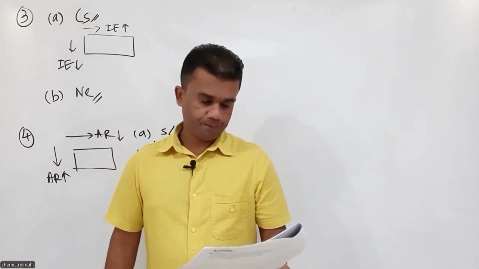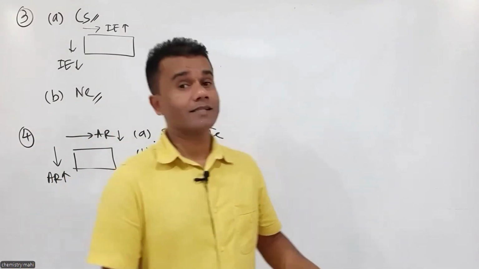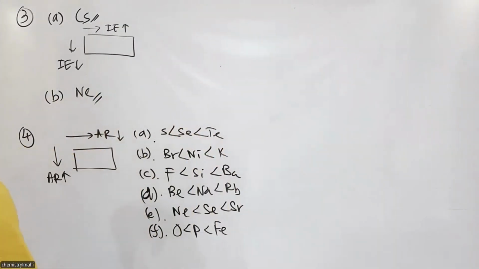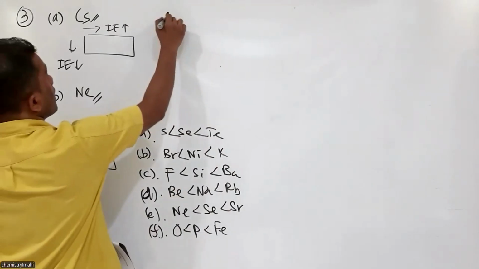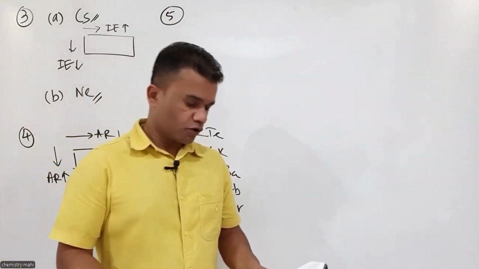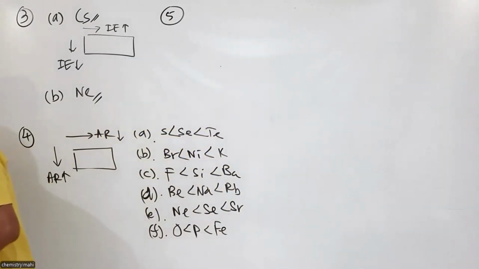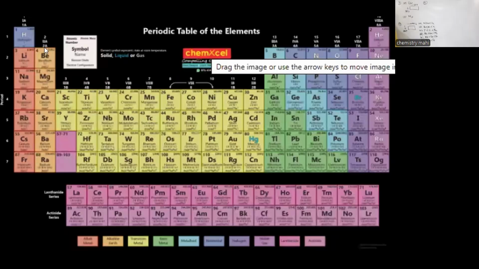Fifth one. In each of the following sets, which atom or ion has the smallest ionization energy? In the case of question number 5, they asked to compare ionization energy, smallest. Calcium, strontium, barium. With the periodic table, it is quite easy to think about it.